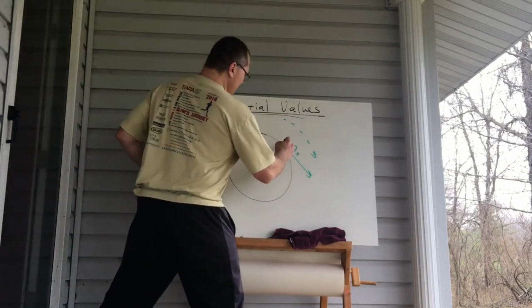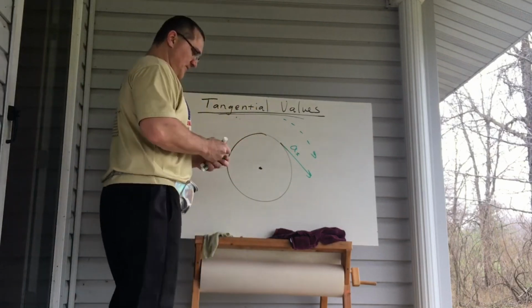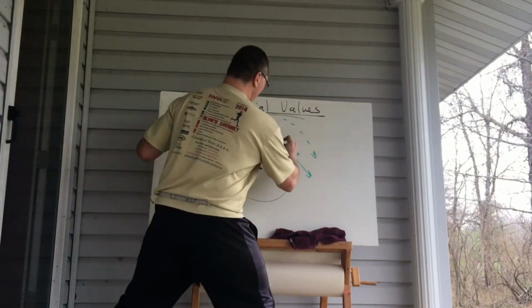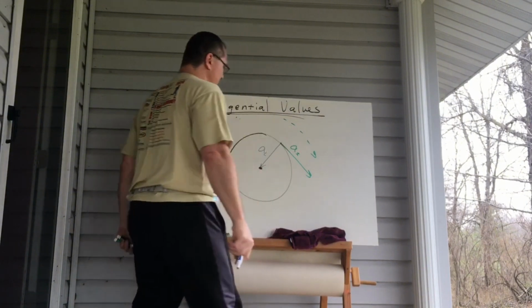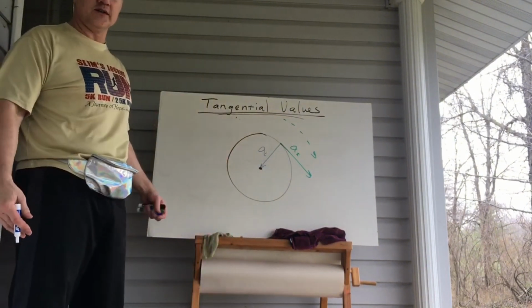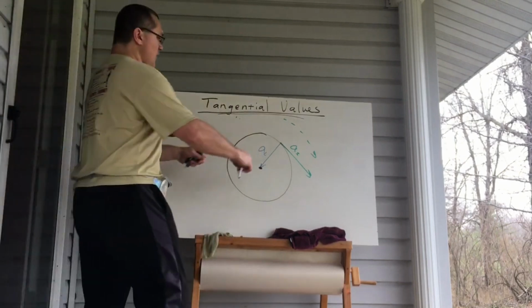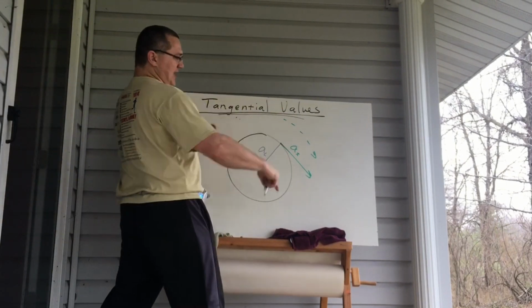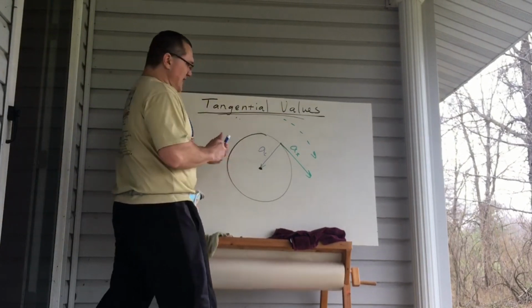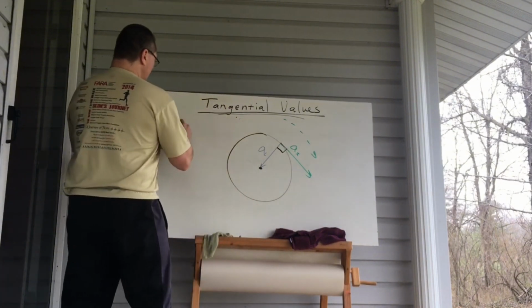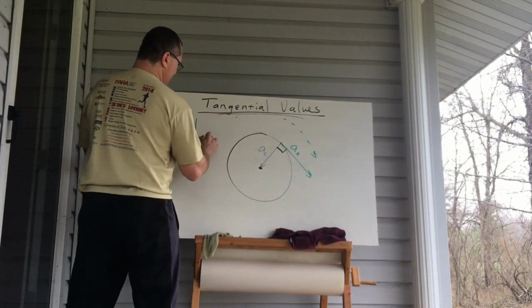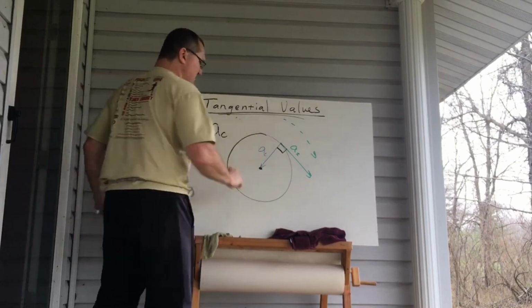You know that your centripetal acceleration is towards the center of the circle. So, if you just take a look at these diagrams, you should identify the fact that your tangential acceleration is always perpendicular to your centripetal acceleration.